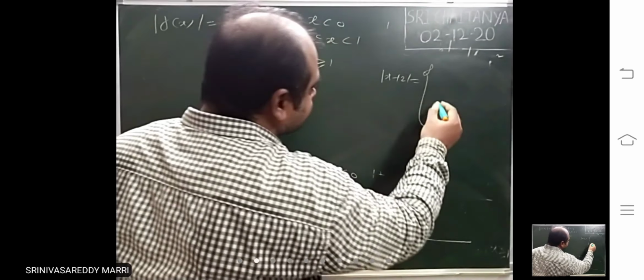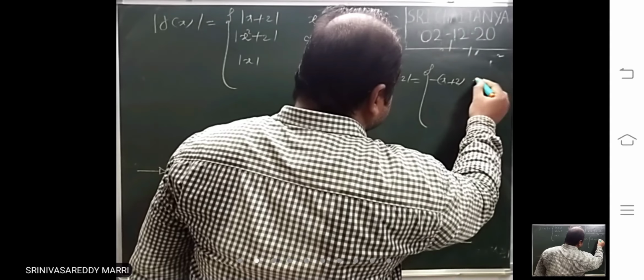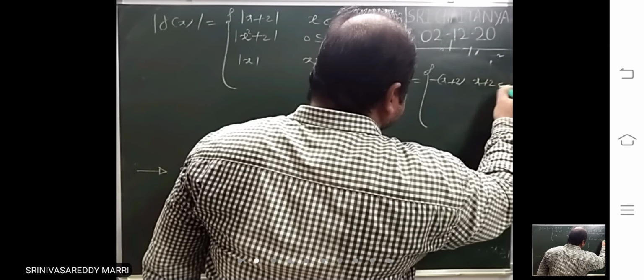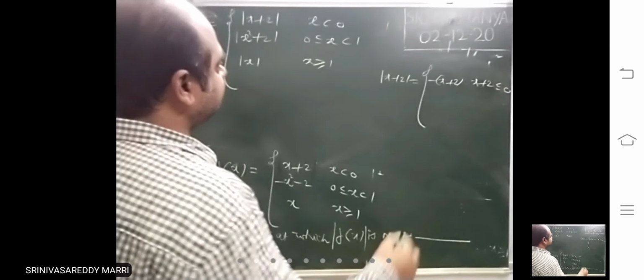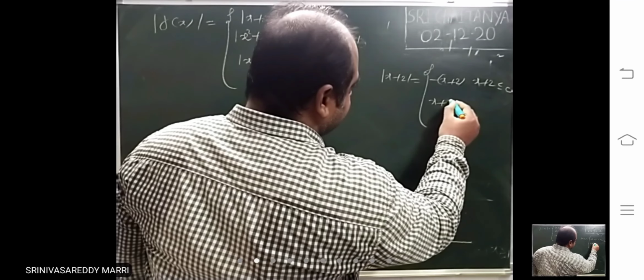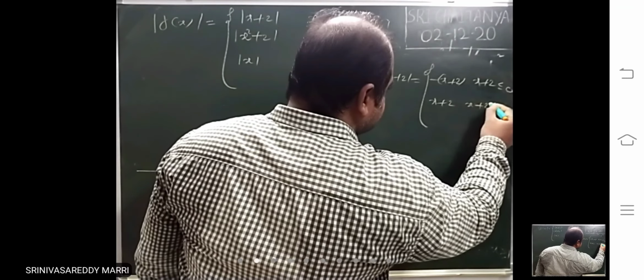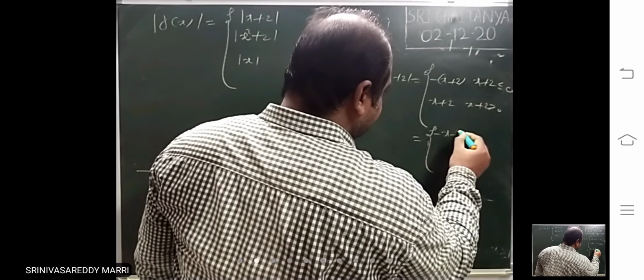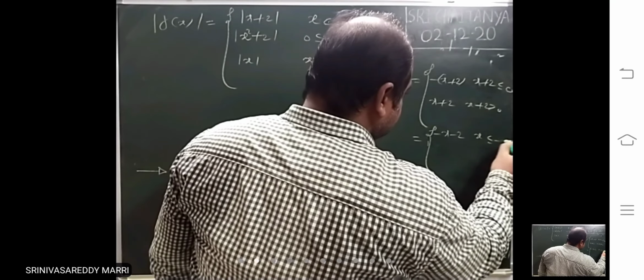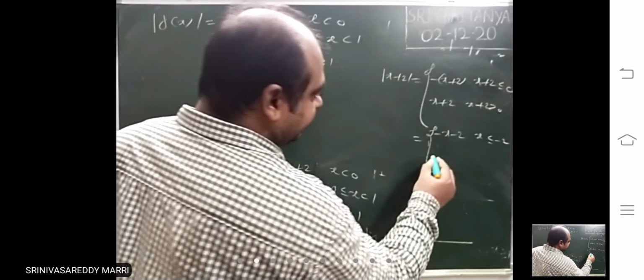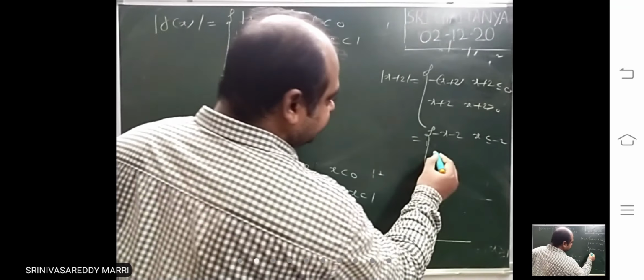This is minus of x plus 2 when x plus 2 is less than or equal to 0, and x plus 2 when x plus 2 is greater than 0. This is the definition. That means minus x minus 2 when x is less than or equal to minus 2, and x plus 2 otherwise.